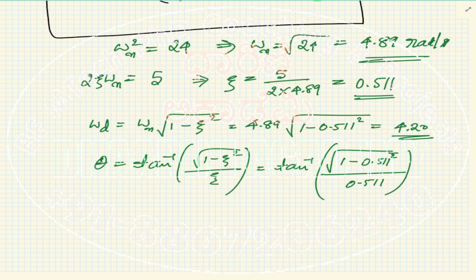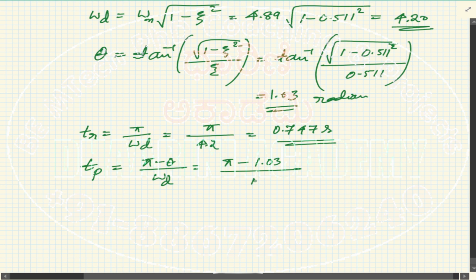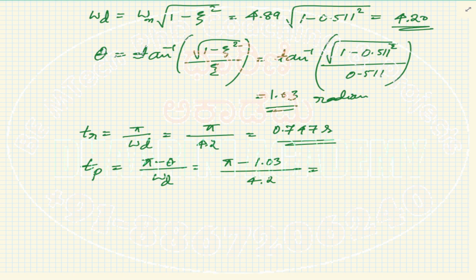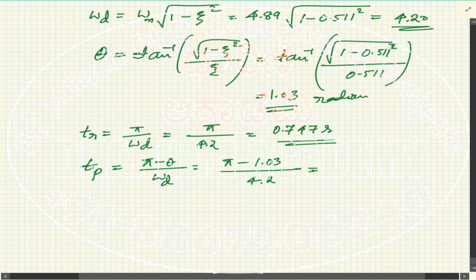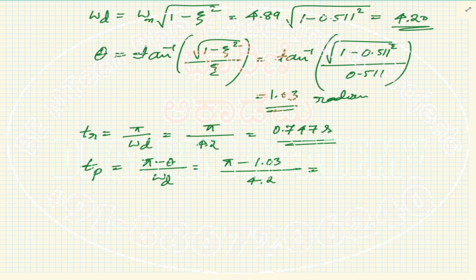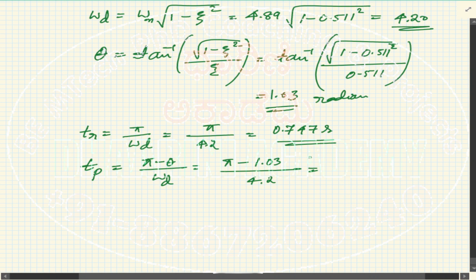This is pi minus theta over omega d. So this is pi minus theta is 1.03 radians, or the omega d is once again 4.20. 0.502 seconds.